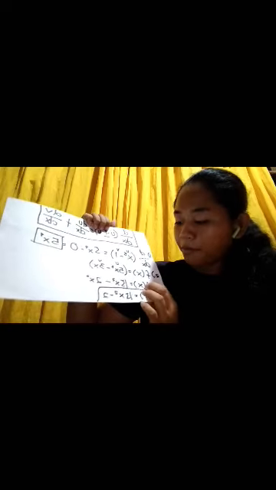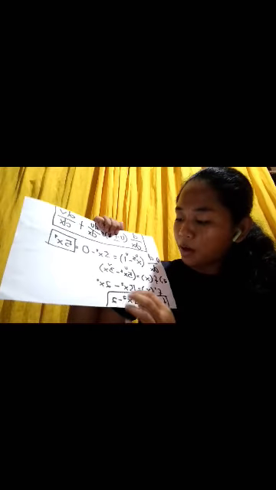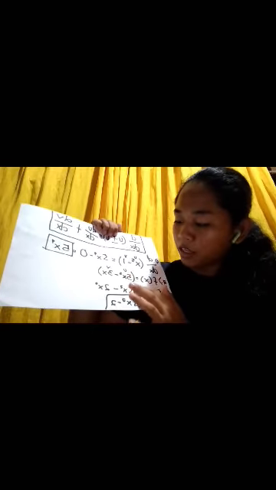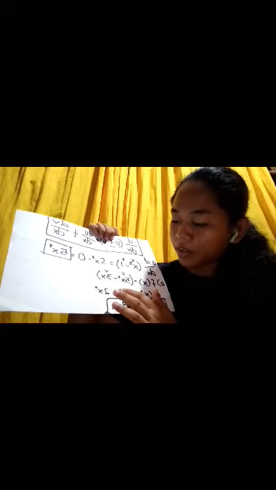f of x equals to 5x raised to the power of 3 minus 3x. So, f prime of x, so, ang derivative ng u natin is 15x squared.